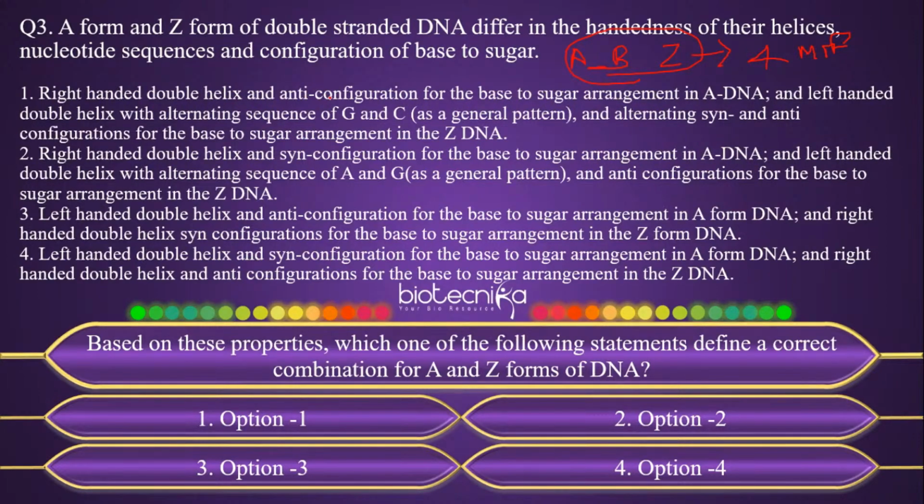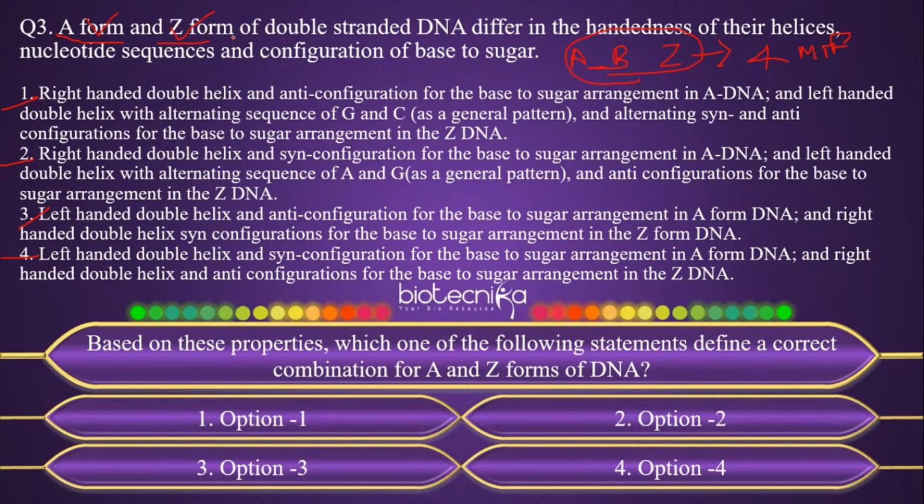One more thing to be added over here: when you are approaching these kinds of questions, it is better to write down on a piece of paper what you know about it. Meaning, you have to trust your own knowledge. What happens is that when you read the statements here, the chances are that you will get confused. So what you can do here, it is clearly mentioned A form and Z form.